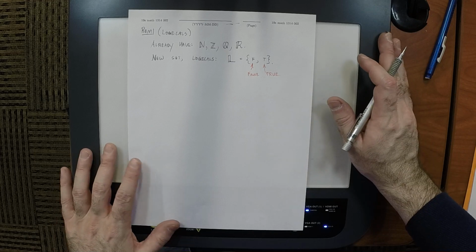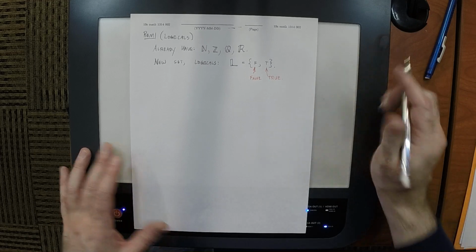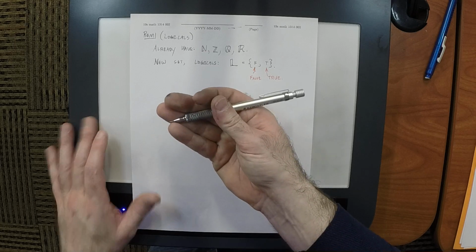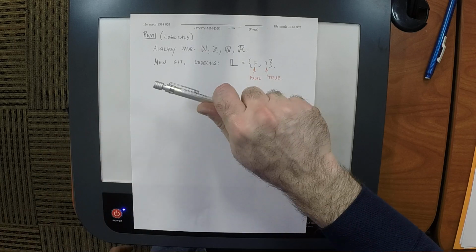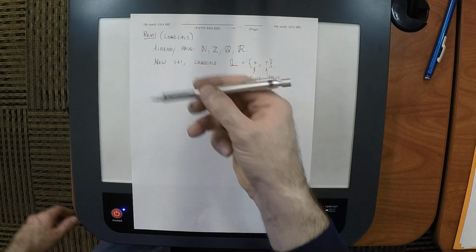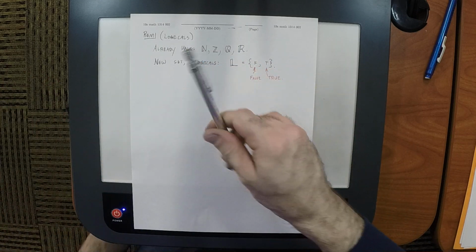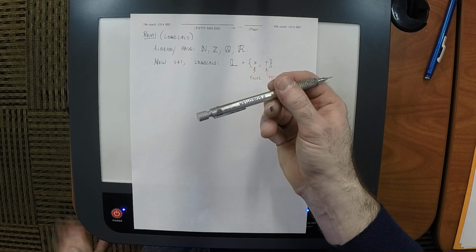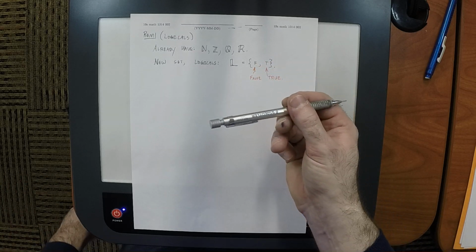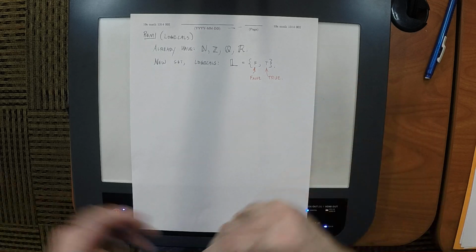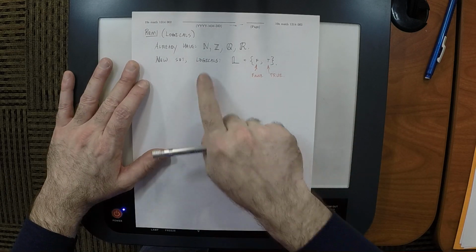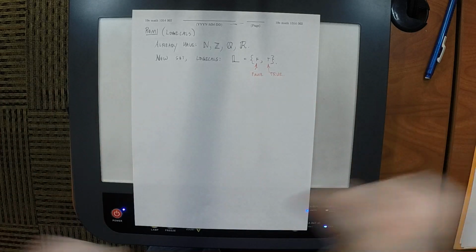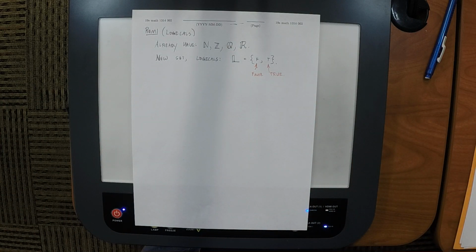I could say something like, I'm holding a pencil. Well, that's a statement, and it's either false or true, and in this case it's true. I can make another statement. I could say, I'm holding a taco. Well, that's also a statement, and it's either false or true, and in this case it's false. So that's all that is. Those values, false and true, the set of all those values is called the logicals.